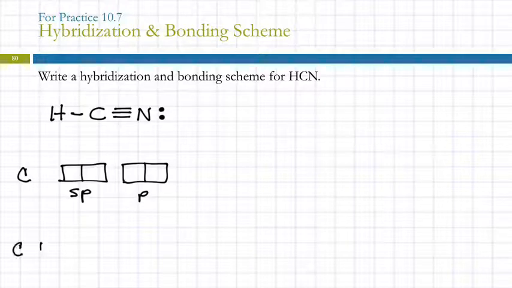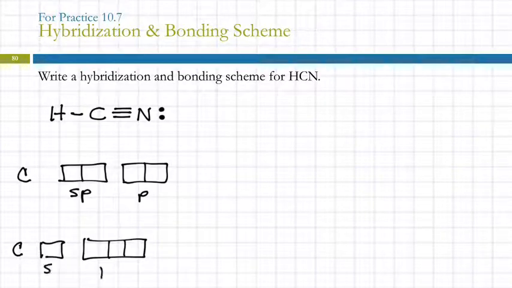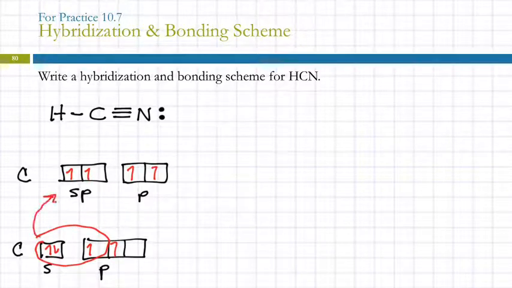This is the atomic, if we put electrons in there. 1, 2, 3, 4. When we hybridize them, though, they can all have their own orbitals. So we've taken these two and hybridized, and we've got these unhybridized p orbitals that are left.